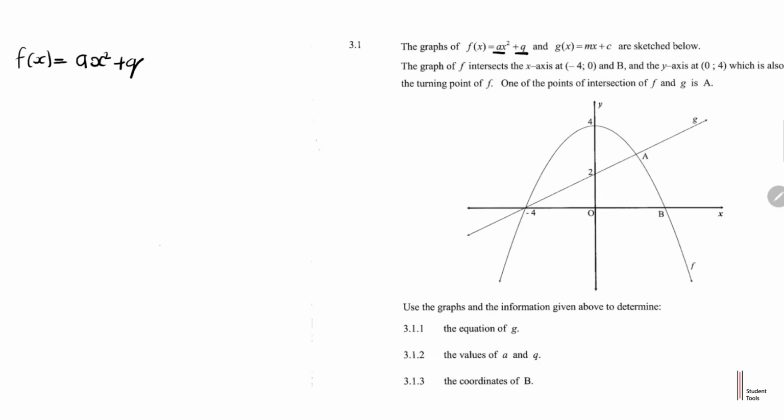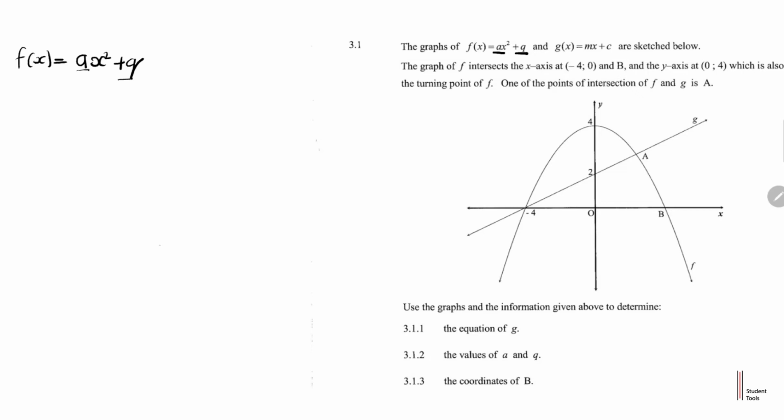So graph F is a parabola. We have a function f of x equal to ax squared plus q. We have to determine the value of a and the value of q.